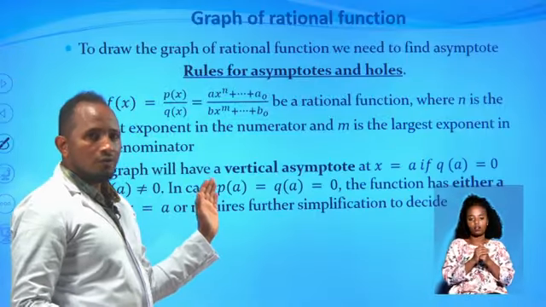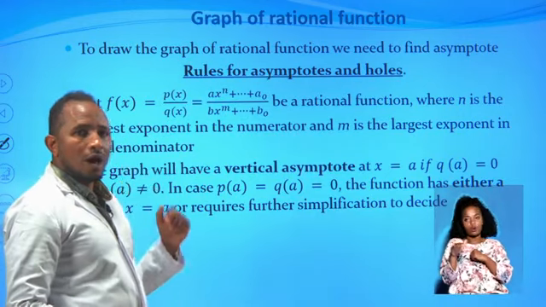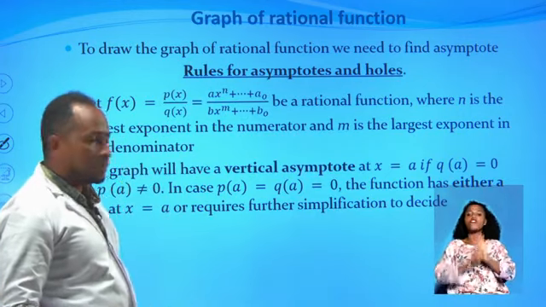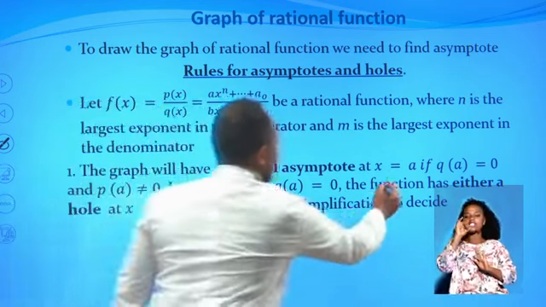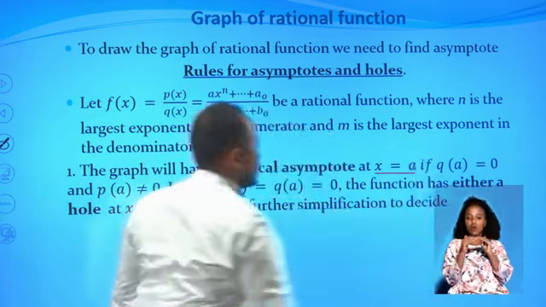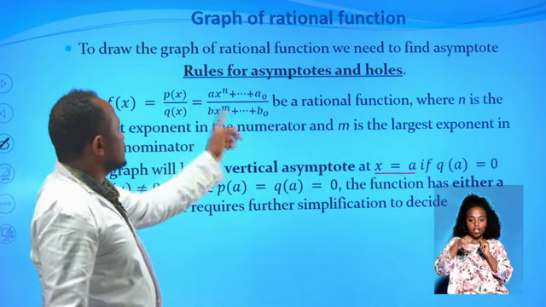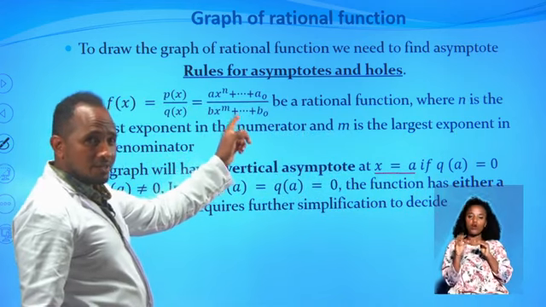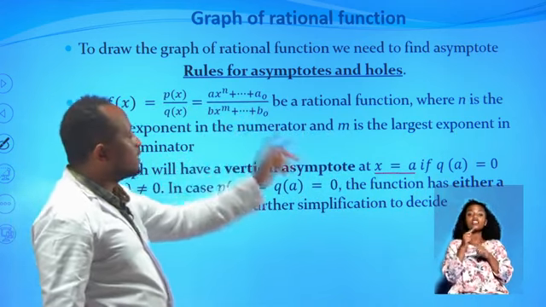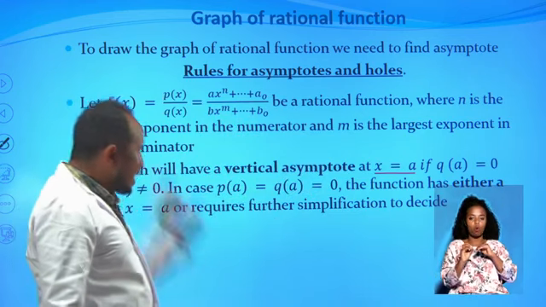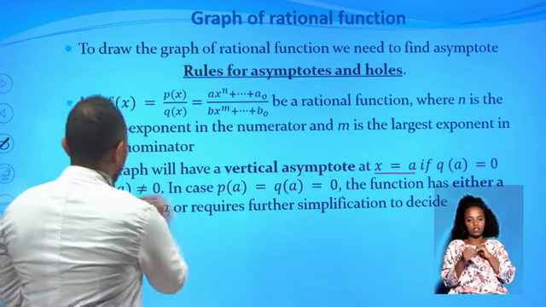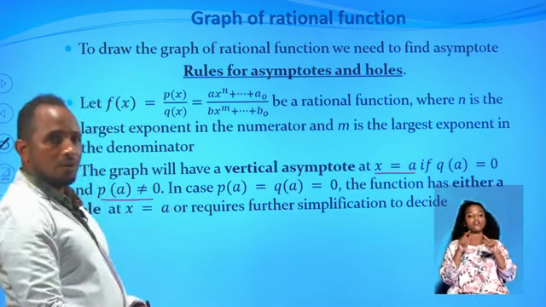So the graph will have a vertical asymptote at x equals a if q of a is 0, or it is a value of x that makes the denominator 0 and the numerator different from 0.